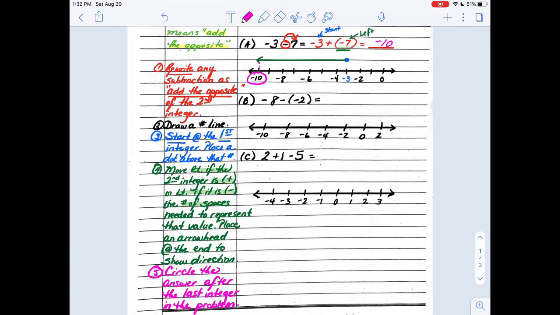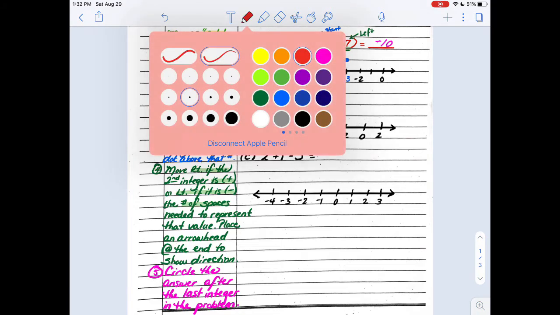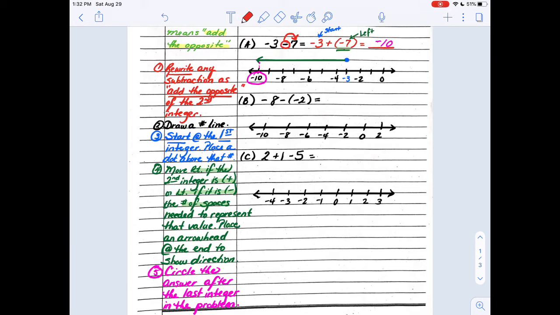So let's go ahead and look at B. Same thing, remember, any subtraction really is adding the opposite. So B here says -8 minus, or subtract, -2. So that subtracting is going to become an addition sign as long as I change that second integer to its opposite.